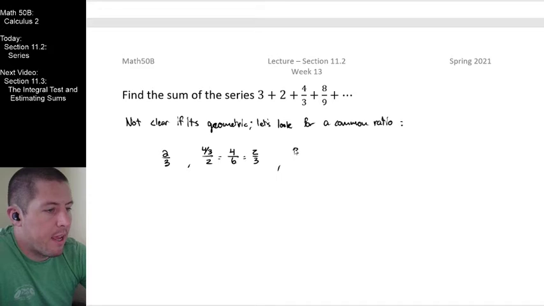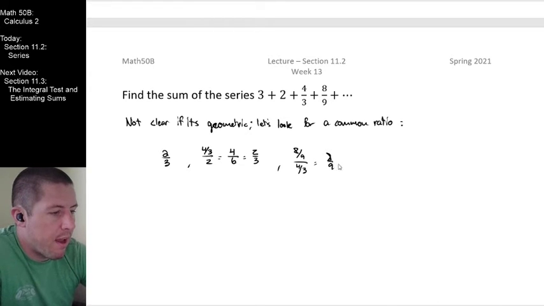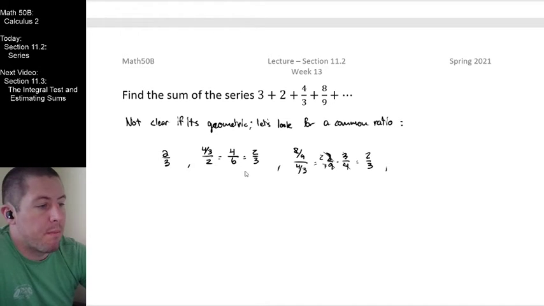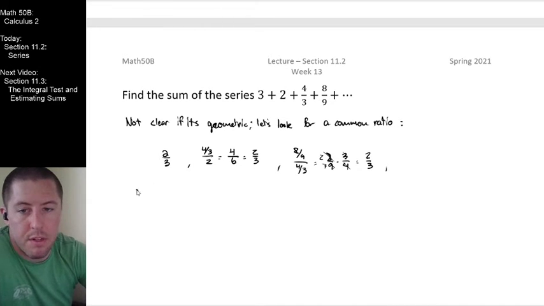Then I'm going to get 8/9 over 4/3. When I do this, I'm going to get 8/9 times 3 over 4. I'm going to cancel and get a 2, cancel, get a 3. I'm getting 2/3 from this guy. It looks like for all of the ones that I have available, they all have a common ratio of 2/3.